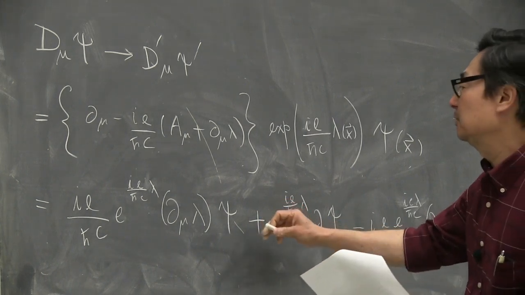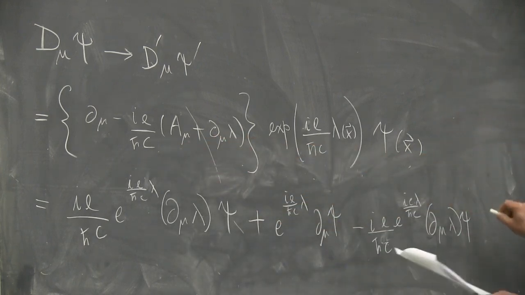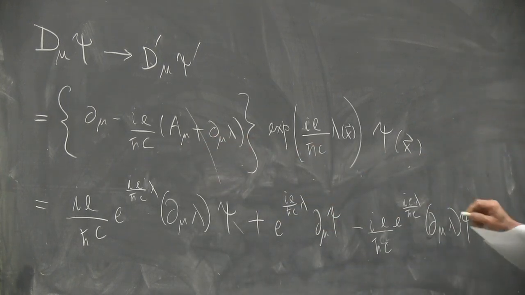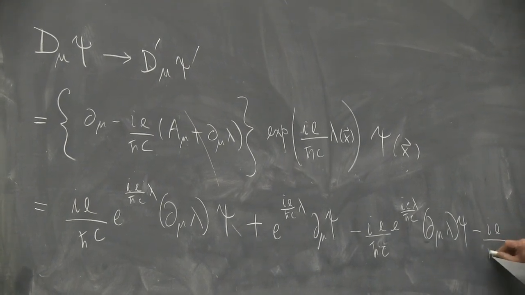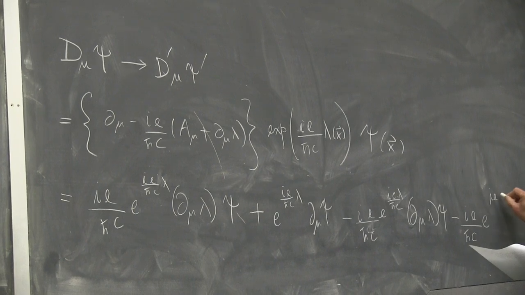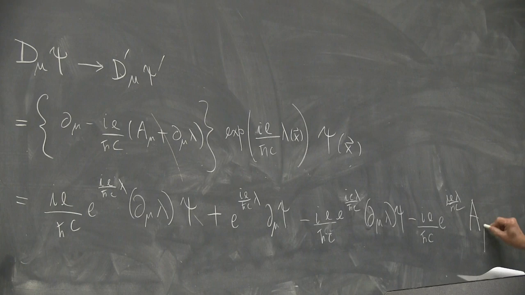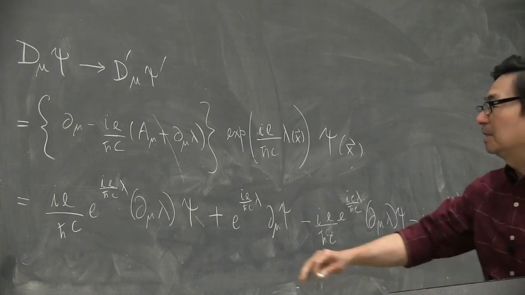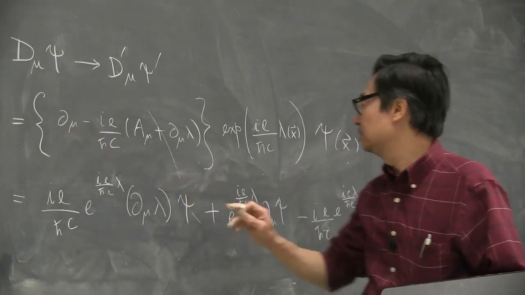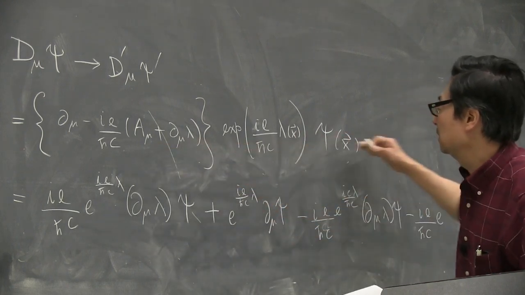And then finally, I have the A_mu just multiplied by that. There's a minus sign up front. It's minus iE over h bar c, e to the iE lambda over h bar c, A_mu psi. That's it. Does everybody agree? The first two terms come from this partial derivative acting on this product. The third and fourth terms come from these two guys multiplied by this.